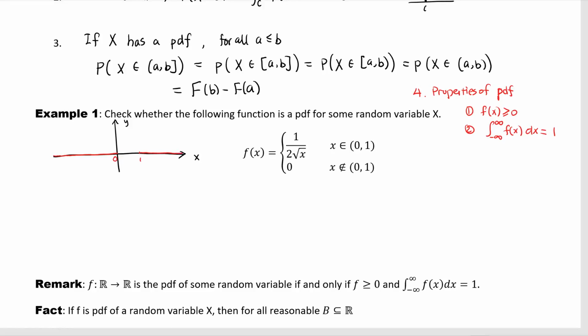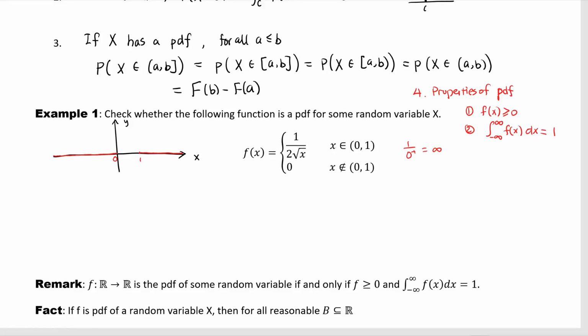When x is from 0 to 1, we follow this formula, 1 over 2 square root of x. If we plug in 0, we get 0 in the denominator, which is not good. But when x gets close to 0, we have 1 over some number getting close to 0, and that is infinity.